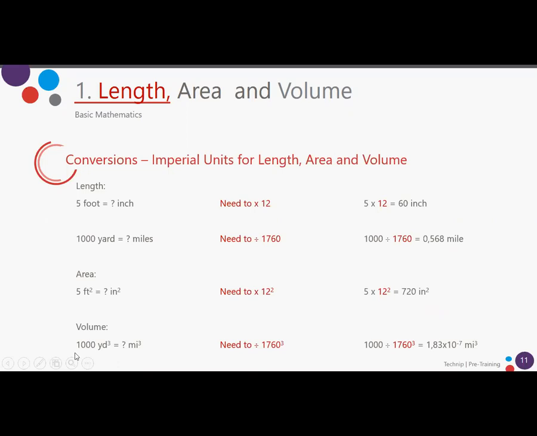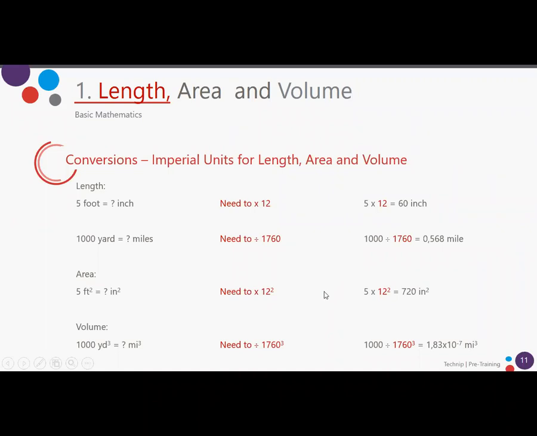So 1,000 cubic yards, how many cubic miles? We divide by 1,760 cubed, and we arrive at the conclusion that 1,000 cubic yards are 1.83 multiplied by 10 to the power of -7 cubic miles.